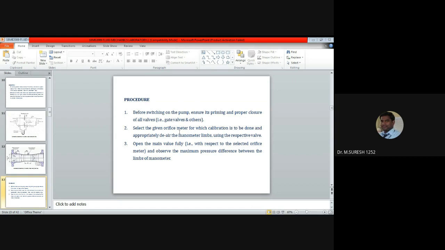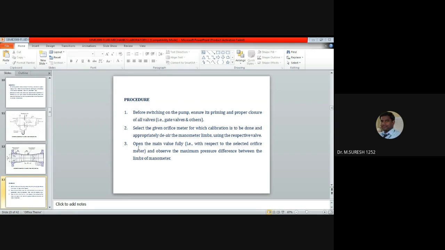Also select the given orifice meter for which calibration is to be done. That depends upon the manometer limbs, using the respective valve. Open the main valve and allow the water. The water will flow to the left side and right side. You need to note both readings, and also find out for every 10 centimeter rise of water what is the time required.